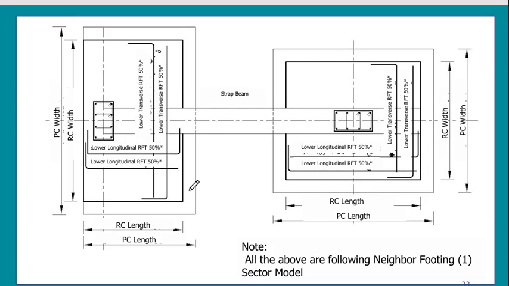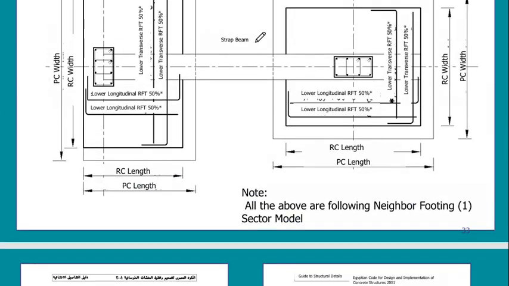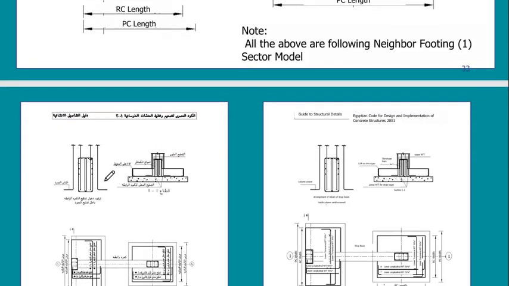This is how we put the reinforcement in the footing and the reinforcement in the beam itself, because this is a normal beam that has upper and lower reinforcement. It will be something like this. This is the beam, this is the upper reinforcement. Here the upper reinforcement is much more than the lower reinforcement, because of the bigger moment.